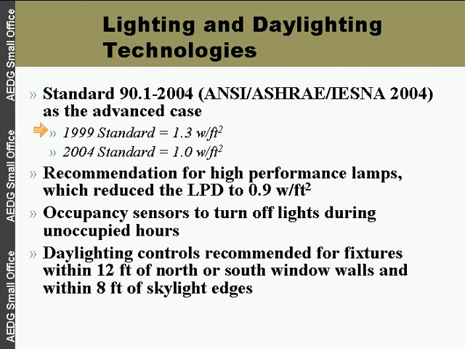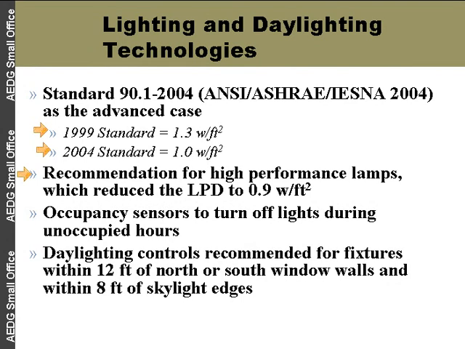We then said, well, what else could we do? Well, one option would be to say, could we push that a little bit more? Could we go from the 1 watt per square foot to maybe 0.9 watts per square foot? And we did that. We did some modeling, used the existing 90.1 lighting subcommittee. We have a series of models, there's like 126 different models, and you can change some of the inputs to those models, and one input you can change is how efficient the fluorescent lighting system is.